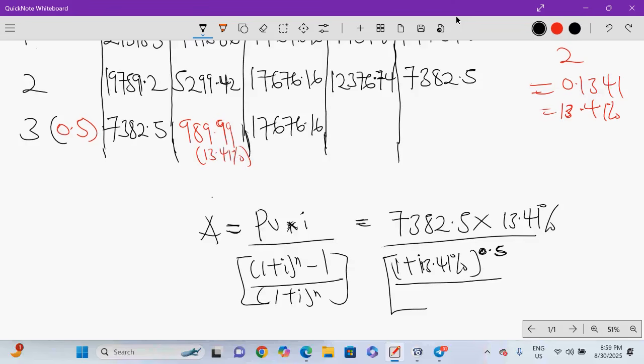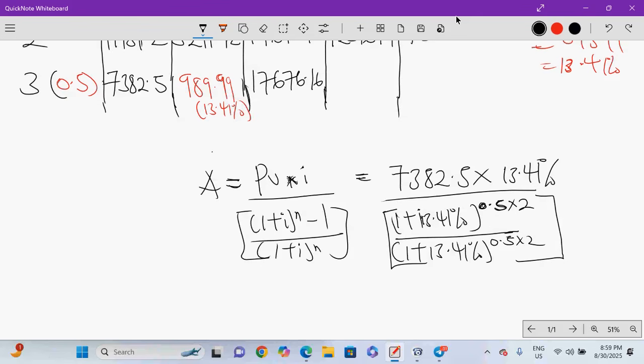So 0.5 divided by what? 1 plus 13.41%. Since we are compounding, this one is compounded semi-annual. We multiply by 2. So what is our A from this?